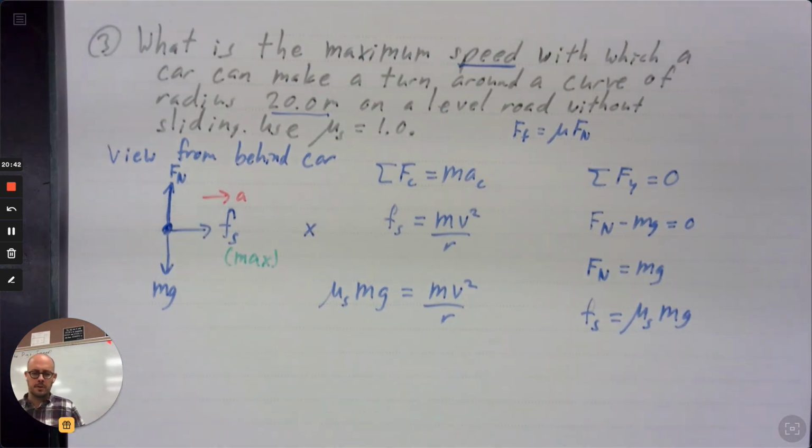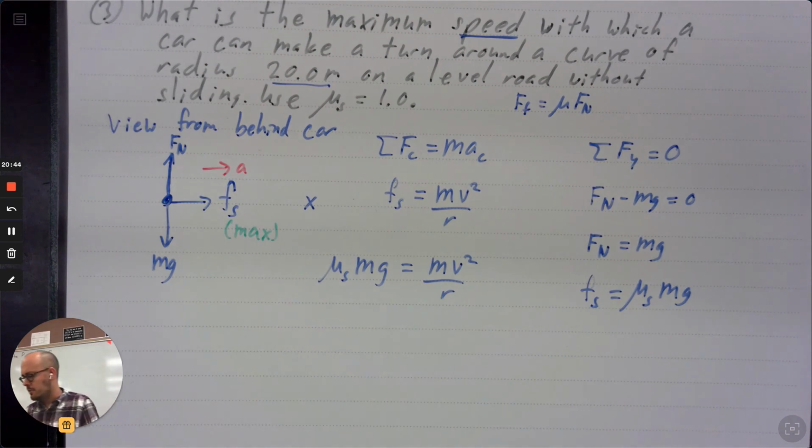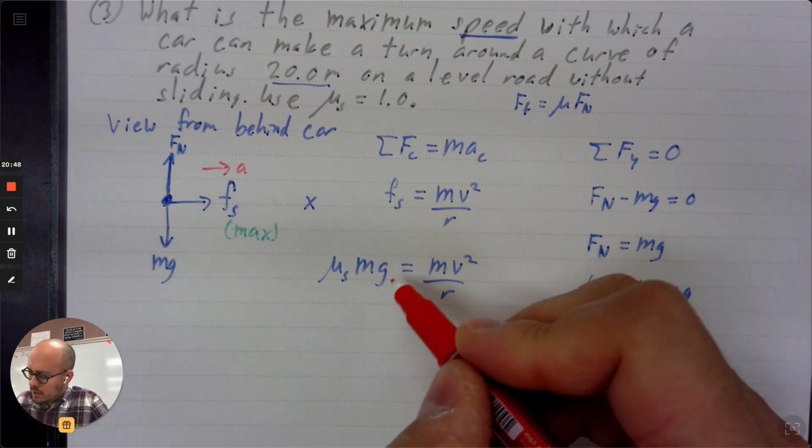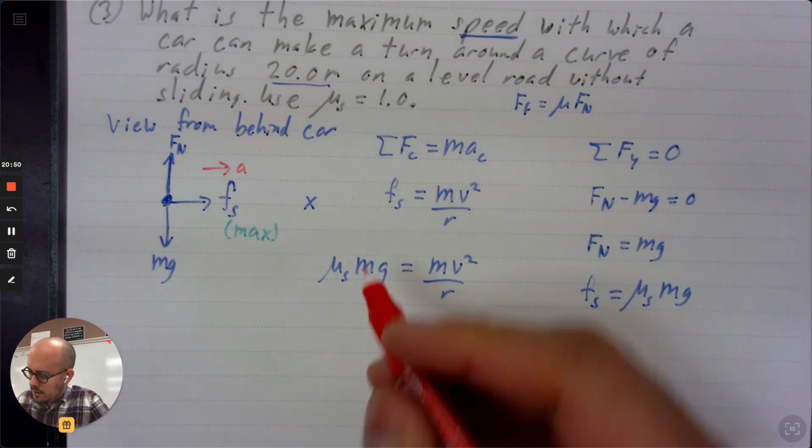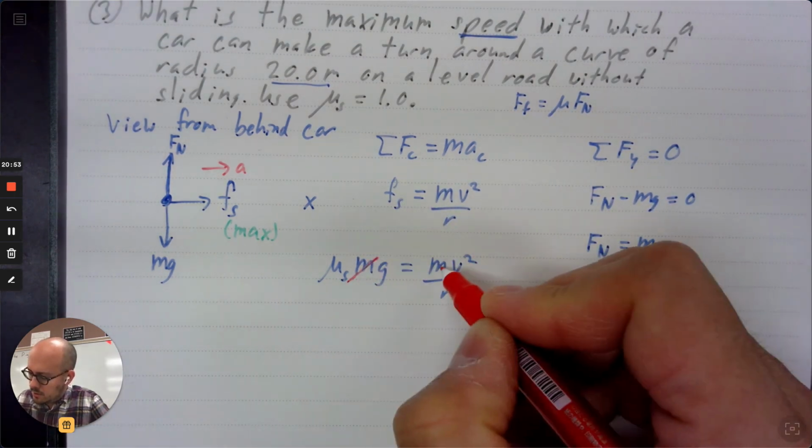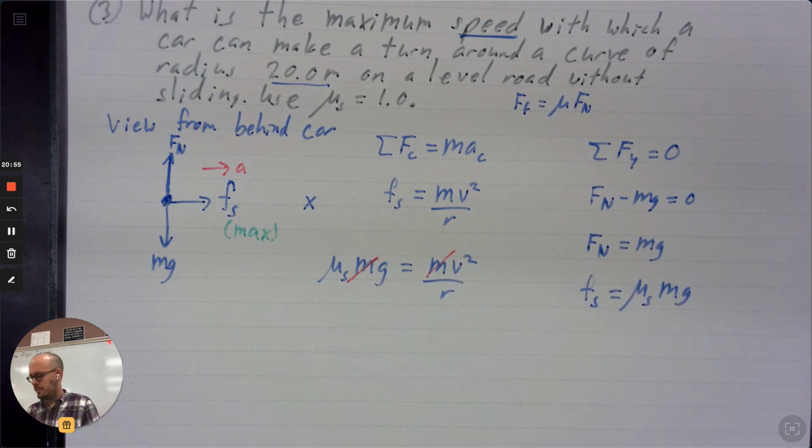And so I have an expression now that I can work with. It's got mu in there. Mu is a known value. I got g in there, g is a known value, and I can divide out the mass. It happens with a fair amount of frequency that when you're dealing with friction, the mass just cancels.